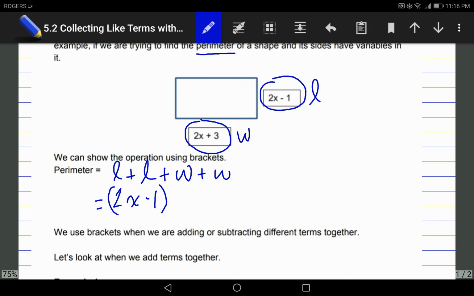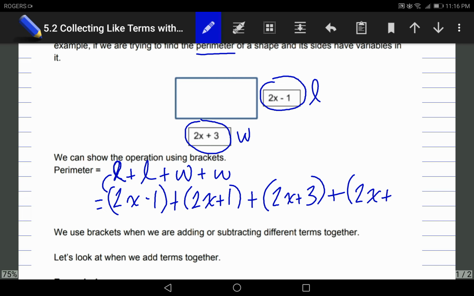Anytime you are replacing a letter, in this case we're replacing L with 2x minus 1, you have to put it in brackets because it's 2x minus 1 plus another entire 2x minus 1, plus an entire 2x plus 3 for the width and another 2x plus 3 for the other width. Of course, there's two widths and two lengths.